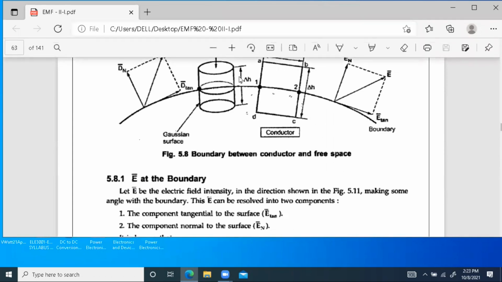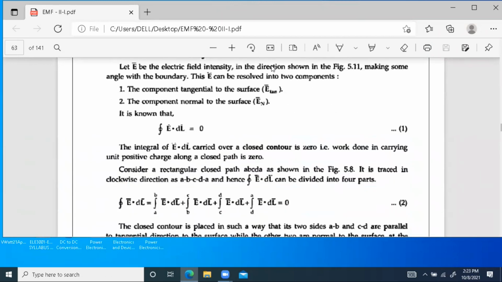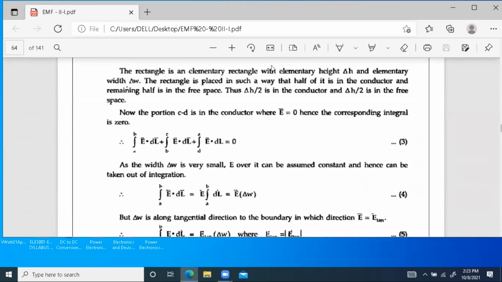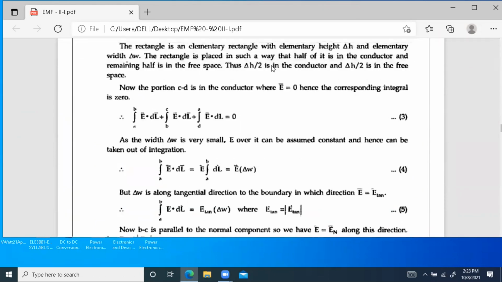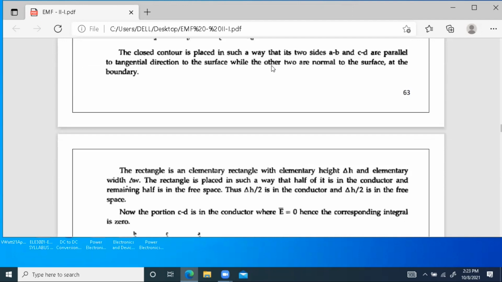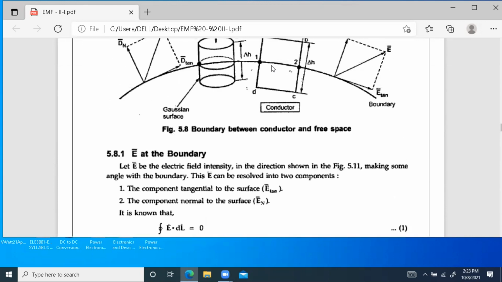Now we're going to shrink this delta W, make it smaller. As we make it small, E over it can be assumed to be constant.